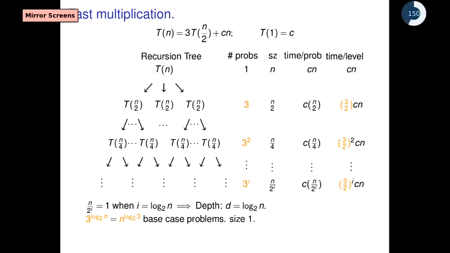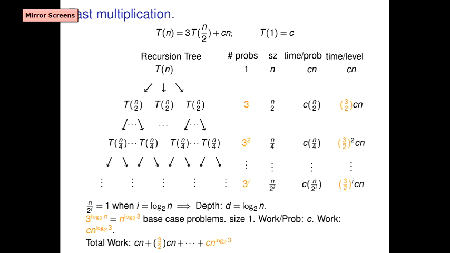So the base case problems are size 1. And the work for the base case is c times this weird expression. And the total work is, at the beginning, c times n. The work at the next place is, I'm just adding up the numbers in the right-hand column. And again, is this geometric? Is it geometrically increasing? So what dominates within a constant factor?